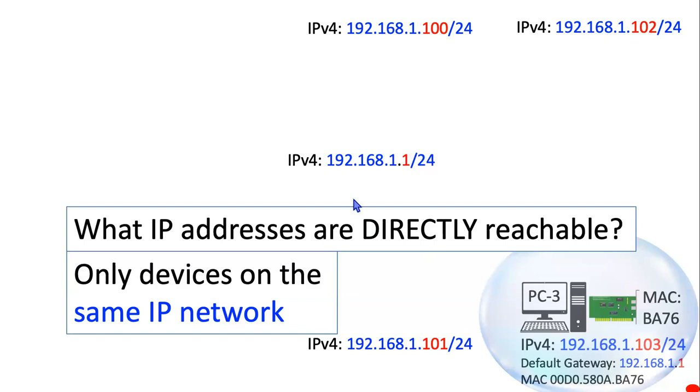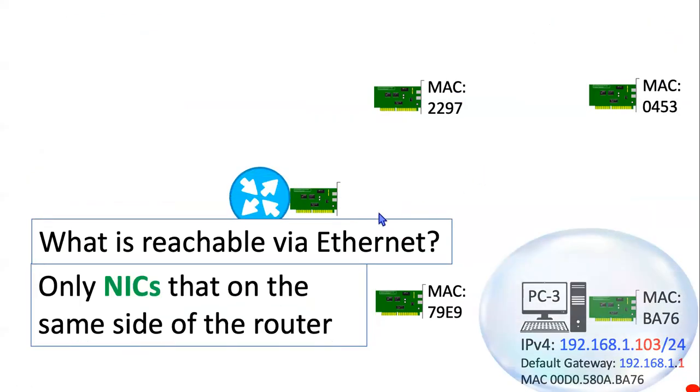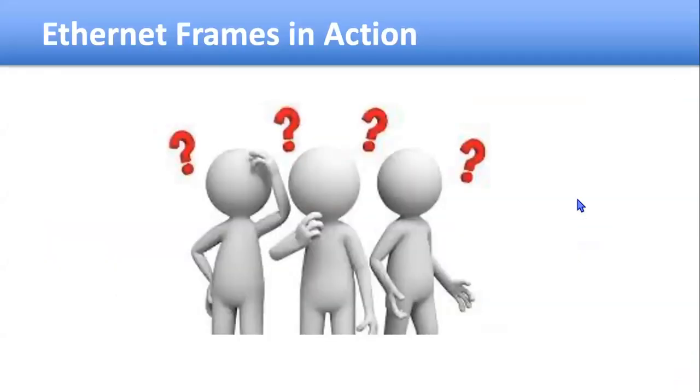But what it sees as directly reachable is really only devices on its own IP network. That will make a little bit more sense in a moment. What is reachable via Ethernet? Well, what's reachable via Ethernet is only those Ethernet NIC cards on the same side of the router as itself.